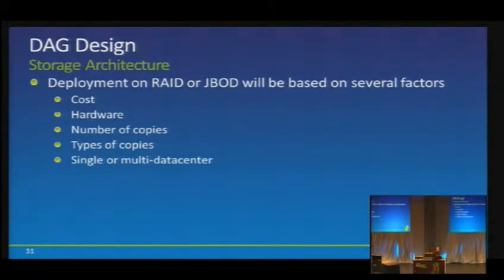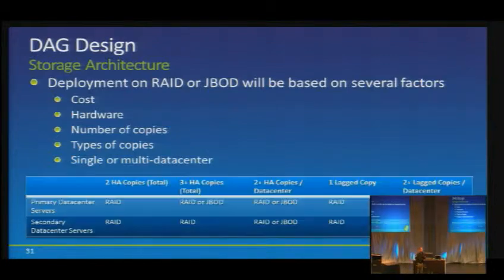Now, the storage architecture, whether you use RAID or whether you're able to take advantage of other options like JBOD, just a bunch of disks, in other words, unraided disks, that's going to largely be driven by your copy architecture. But we do have specific guidance as to when you should use RAID or JBOD. The big takeaway here is if you have 2 or fewer copies, you definitely want to stay on RAID.